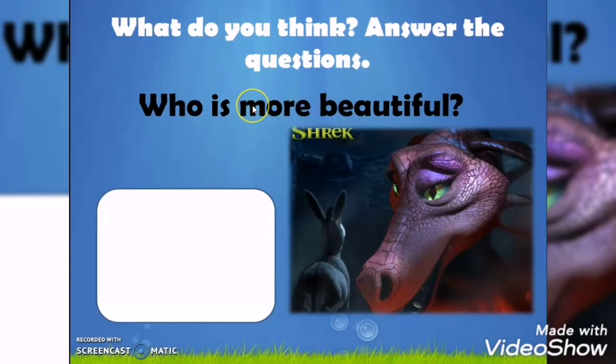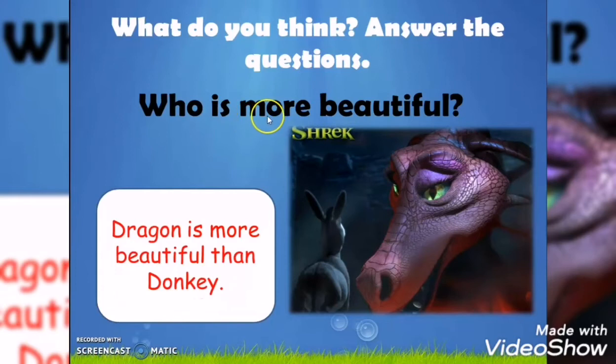Now we are comparing dragon and donkey. Who is more beautiful? I say dragon is more beautiful than donkey. Because beautiful is more than one syllable, I add more instead of er. I say more beautiful than.